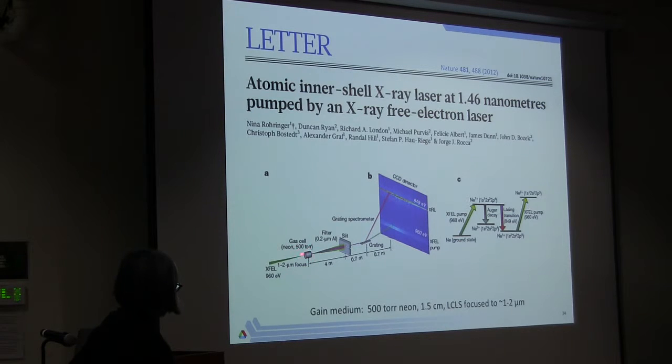So there's a little gas cell inside a chamber, and it has plastic windows, and basically the XFEL drills holes through the plastic windows, and then you just look at this forward scattered radiation, disperse it on a grating and onto a 2D detector, and then you can see the different energies that have been produced that way. So you wouldn't be able to see that, but basically everything's going in the forward direction.